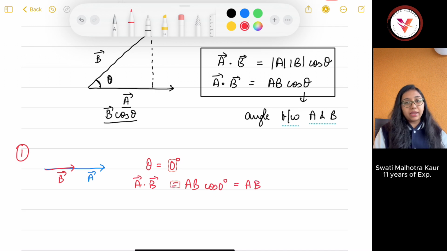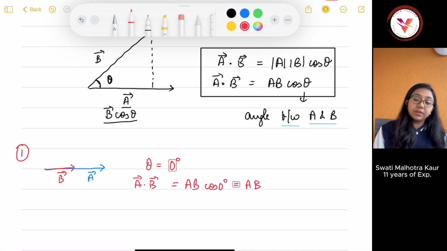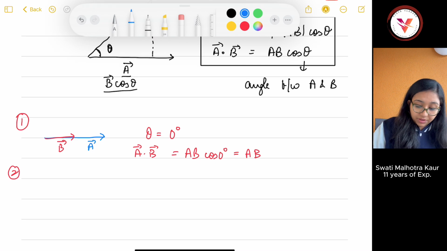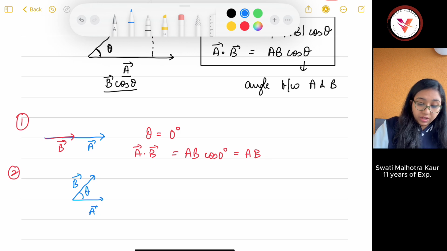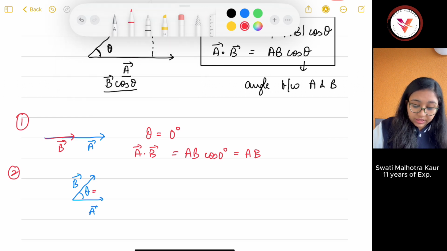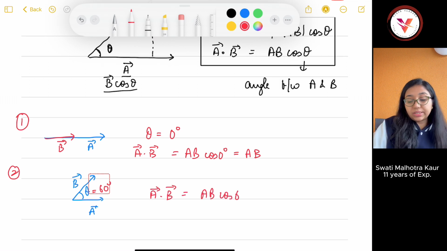So you have to multiply A into B. Okay, and if there is some angle theta here, then you have to put the value of theta. Let's say theta to be 60 degrees. Then you have to put the value of theta here, which is AB cos 60 degrees, and cos 60 is half, so it becomes AB by 2.